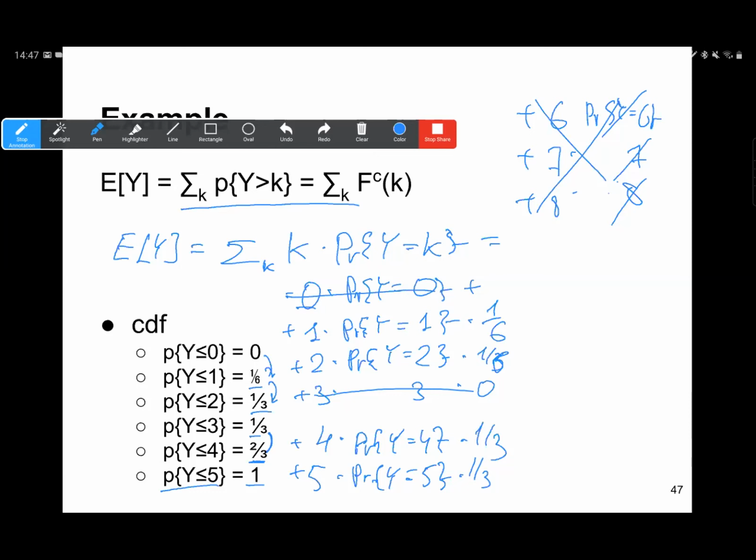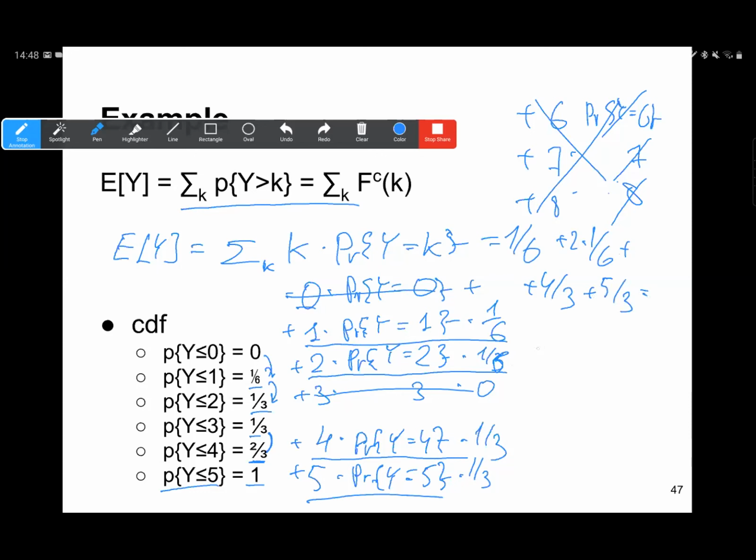So overall, the expected value is equal to this, which is 1/6, plus this, which is 2 times 1/6, plus this, 4 times 1/3, and this, 5 times 1/3. And whatever this is equal to, that's the answer. 21/6, but that doesn't matter.